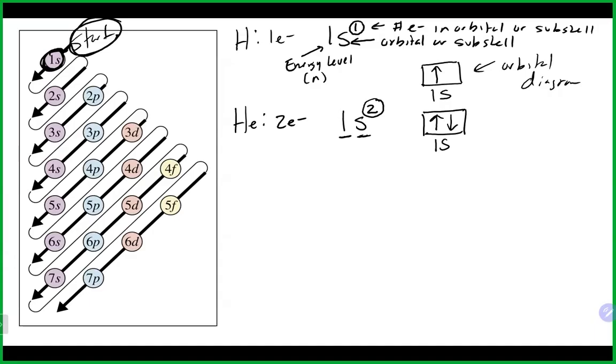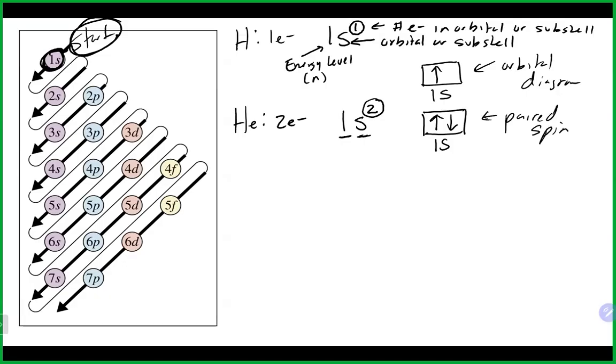It has to do with quantum numbers, which we're not going to get into, and what's known as the Pauli exclusion principle, which says those electrons have to be spinning in opposite directions to be in the same orbital. They cannot go in the same direction. They always have to go opposite of each other. Those electrons are said to have paired spin, and they essentially cancel each other out. At this point, can I put any more electrons into that 1s orbital?